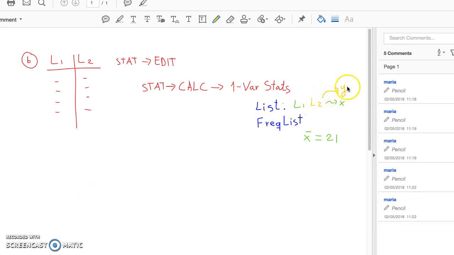Your list 2 corresponds to your Y. Again, the frequency list is going to be empty, and it gives you another X mean, that for you is your Y mean. And the calculator gives you the value of 31. That will be the answer.